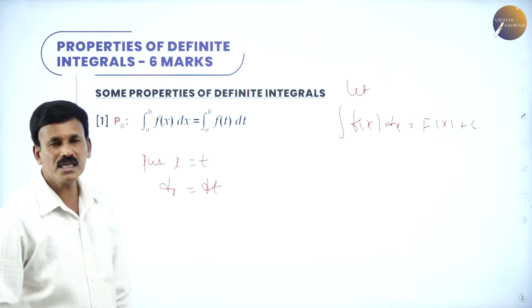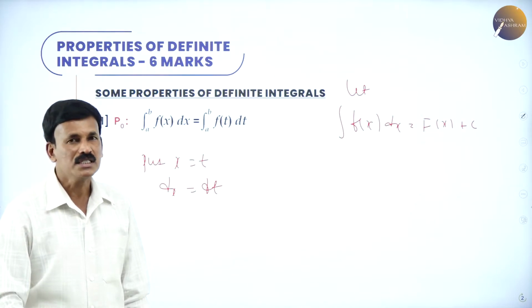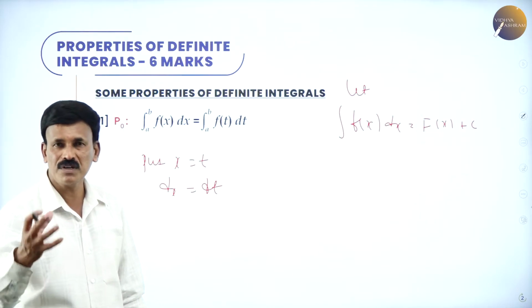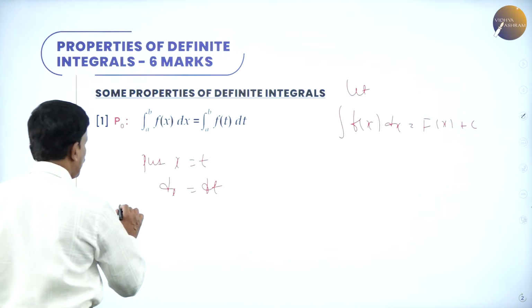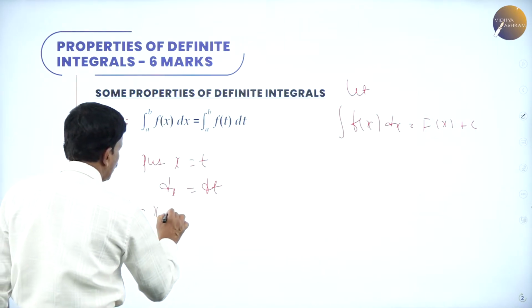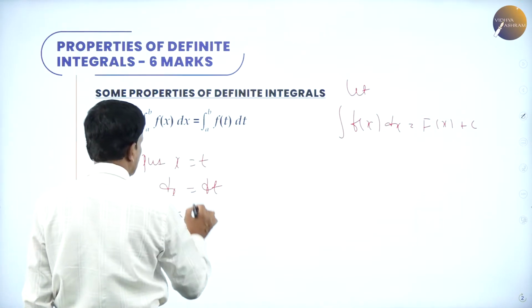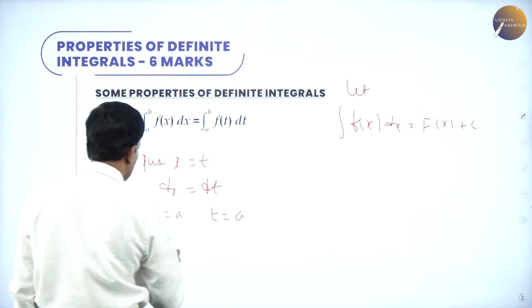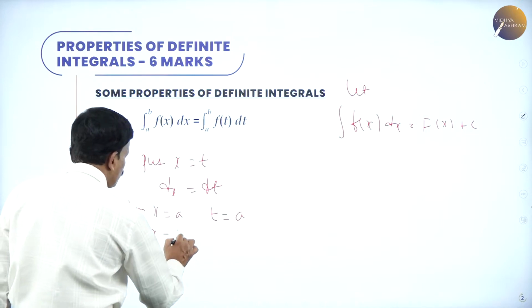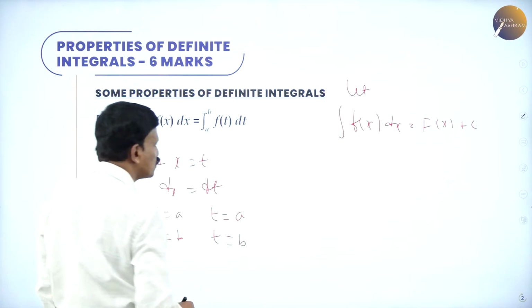As I explained in the previous classes, in definite integrals, whenever the substitutions are taken, the value of the limit also changes. When x is equal to a, the lower limit, then t is equal to a. When x is equal to the upper limit b, t is equal to b.